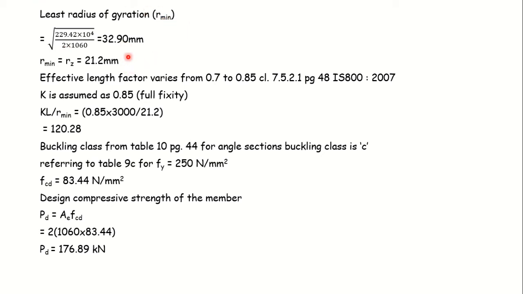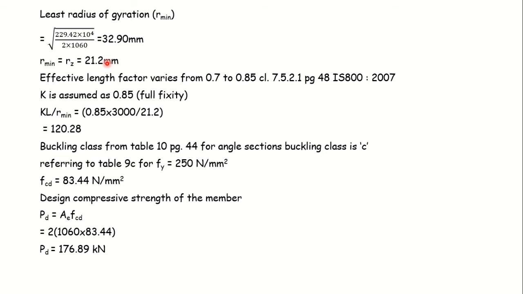So if you compare ry as well as rz, the least or minimum radius of gyration is 21.2 mm. Okay, so this 21.2 mm radius of gyration has to be considered while calculating the strength of the member in compression.